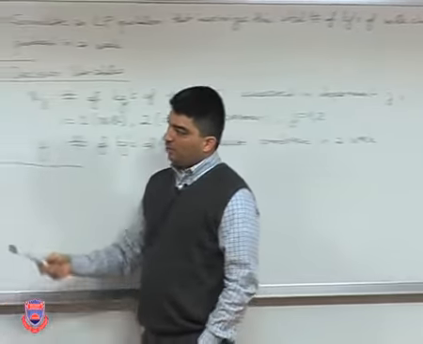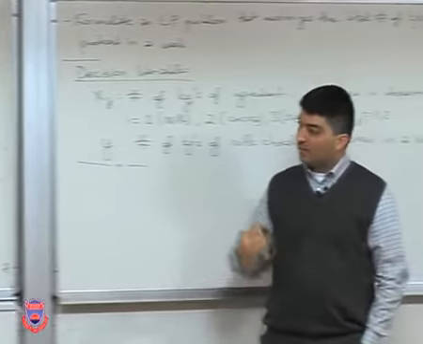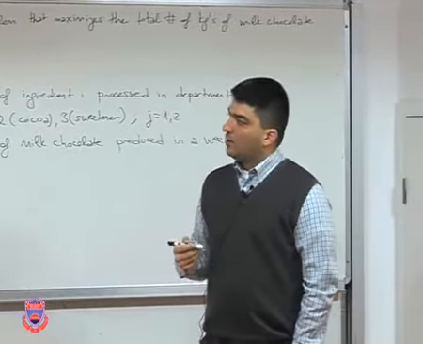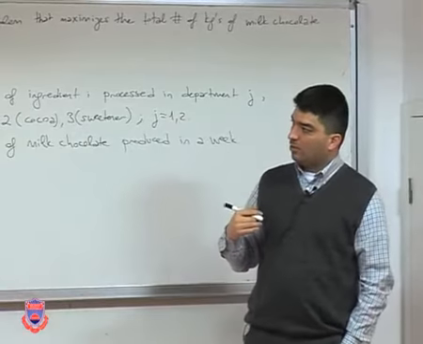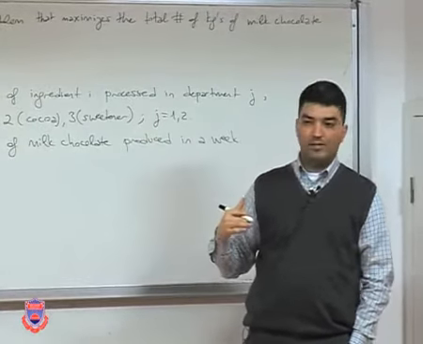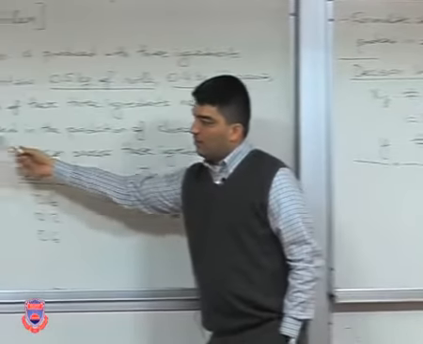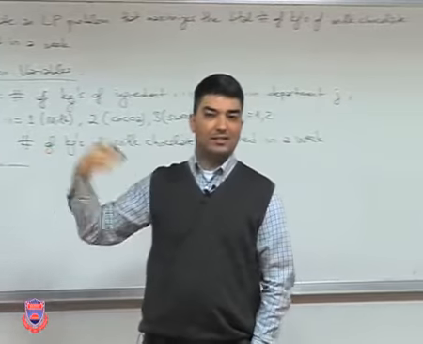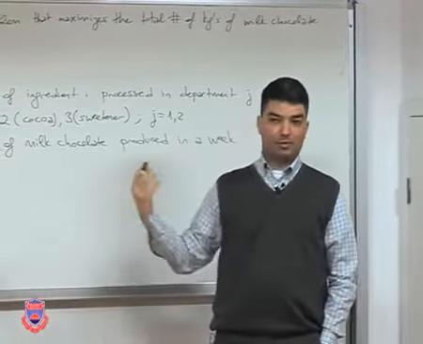If you have 2 kilograms of each of them, what's the largest production you can have in terms of chocolate milk? Milk will determine how much you can produce. So all I'm going to do is divide 2 by 0.5, divide 2 by 0.4, and divide 2 by 0.1. That will give me the largest amount I can produce, provided that the other ingredients are sufficient. And then I'm going to take the minimum of those 3.